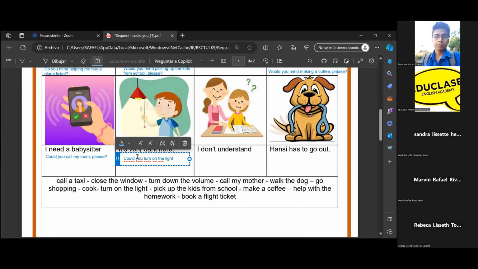Could you turn on the lamp también? Ah, ya. And while you are turning on the lights.